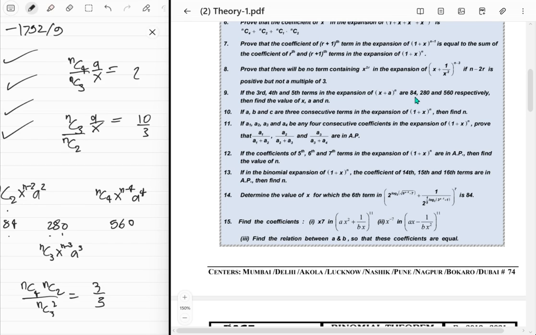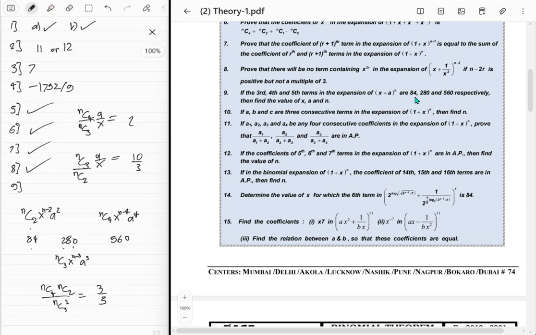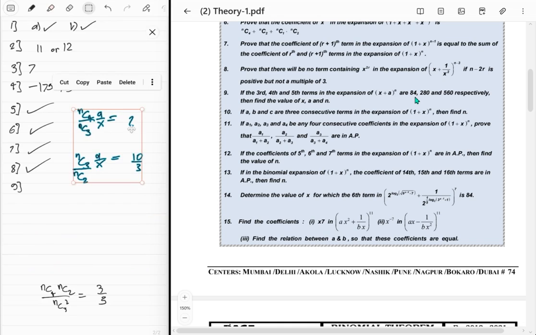And we gotta try to do it. So we need nC4 in terms of nC3 or something. That's a really bad idea. But let's do it. Let's see what we get. Maybe this hopefully will give us an obvious answer or something.